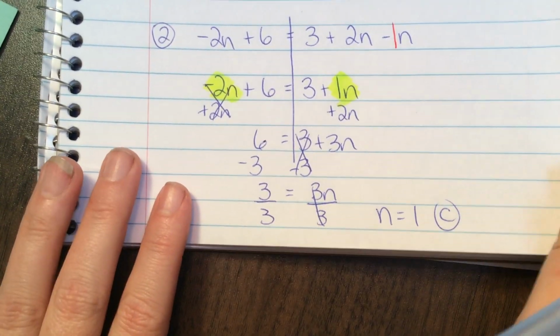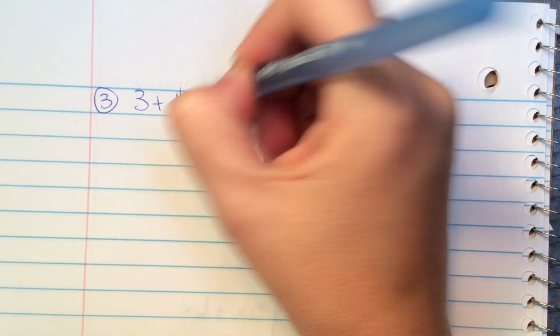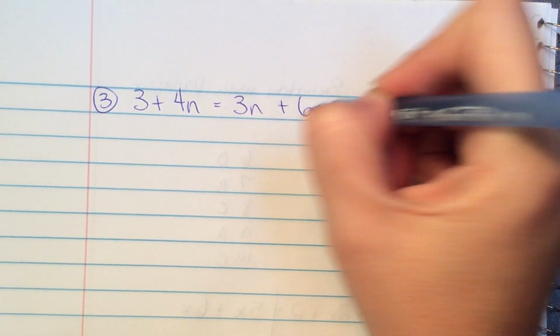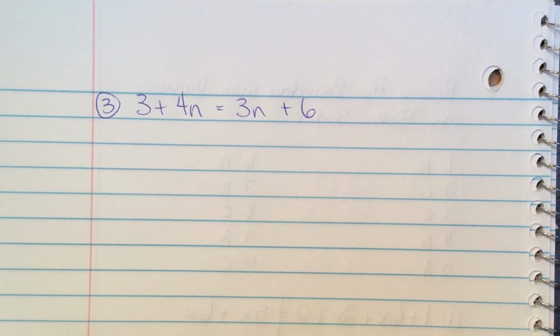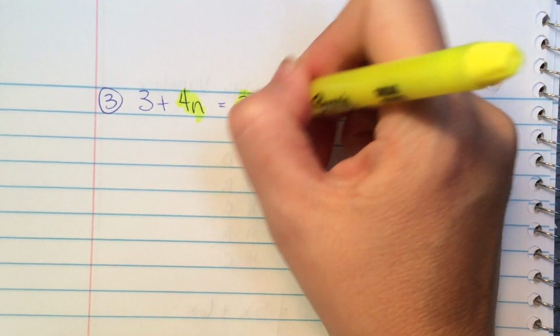Okay, moving right along. Number 3. 3 plus 4n equals 3n plus 6. We get 4n and 3n.